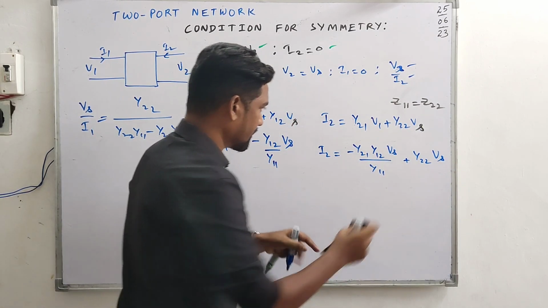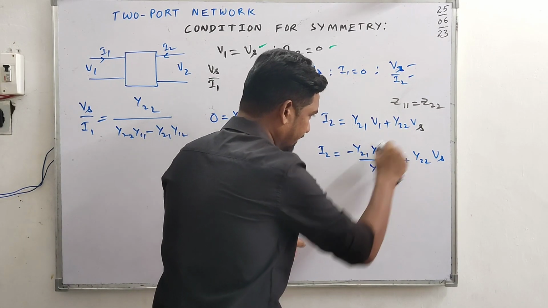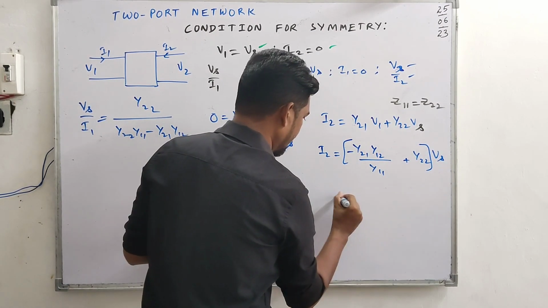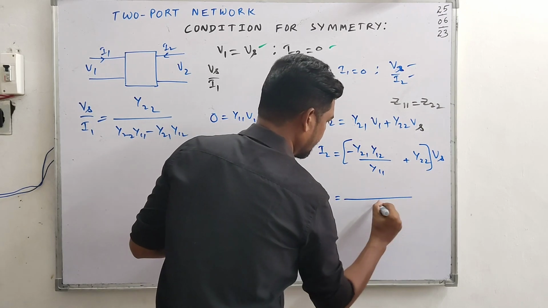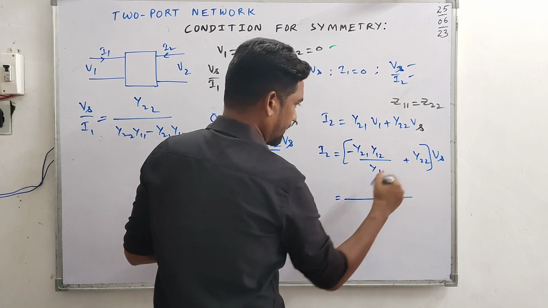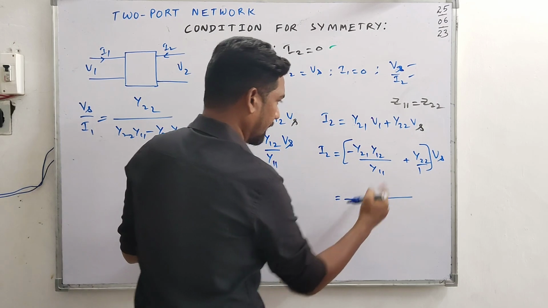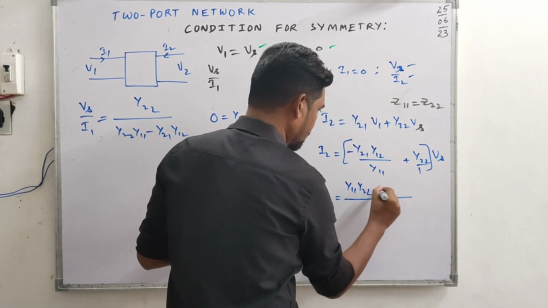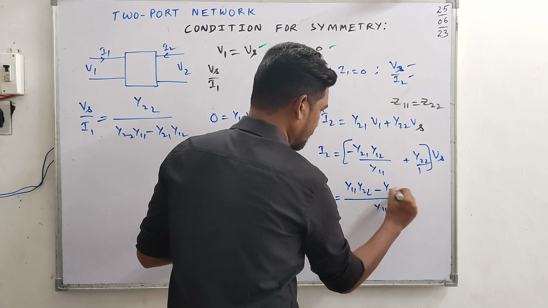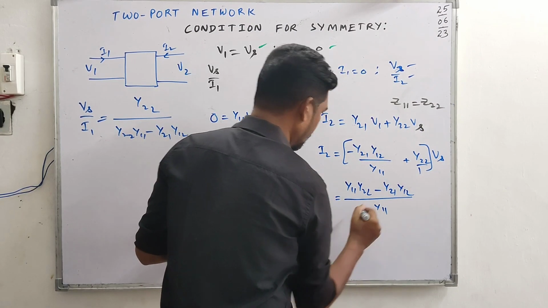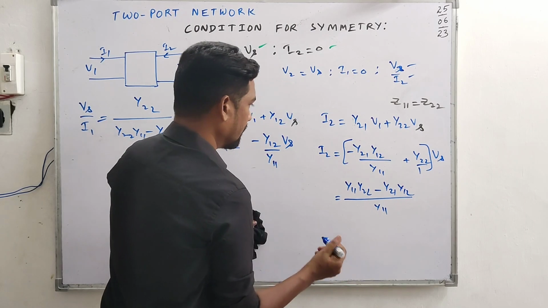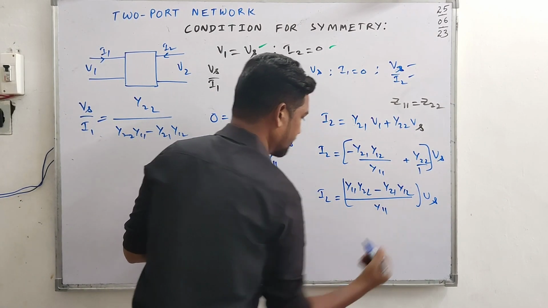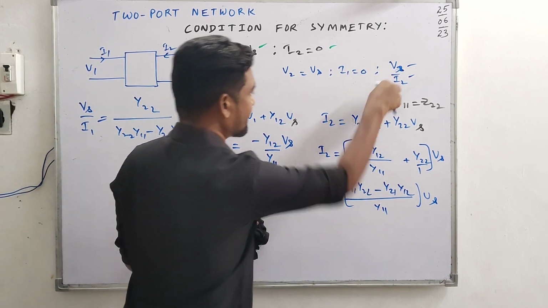As we did previously, taking Vs common from this one and this one, so braces come over here. Simplifying, with y11 cross multiplying, we have y11 y22 minus y21 y12 upon y11, which is equal to I2 upon Vs. What are we in search of? Vs upon I2.